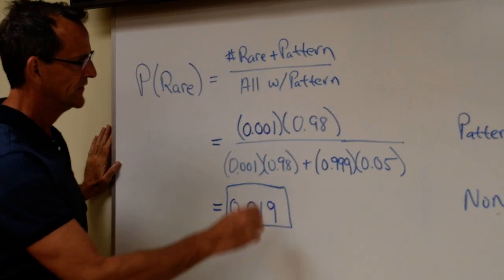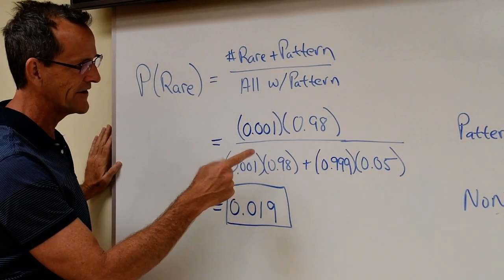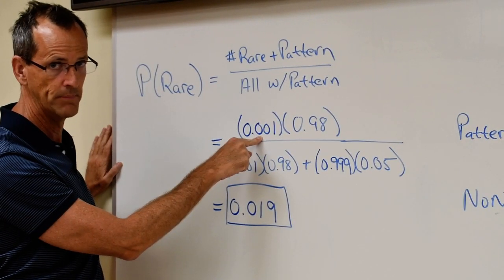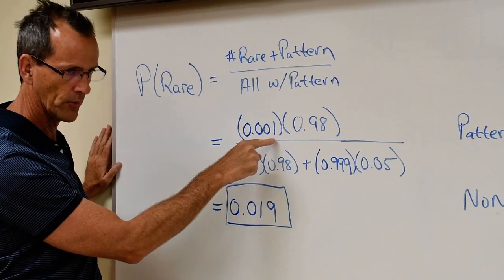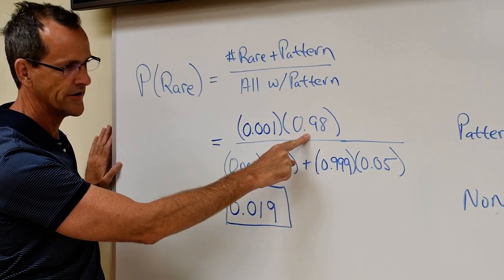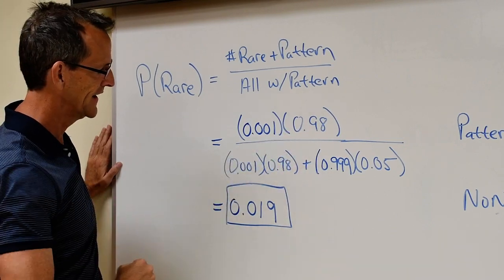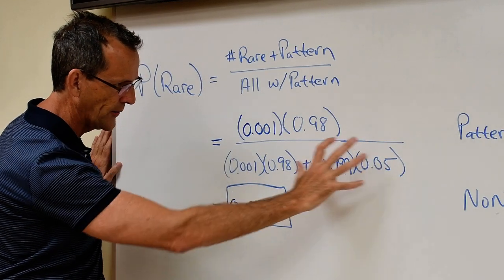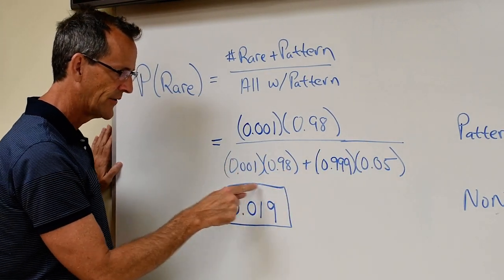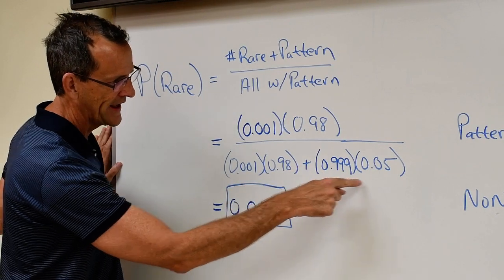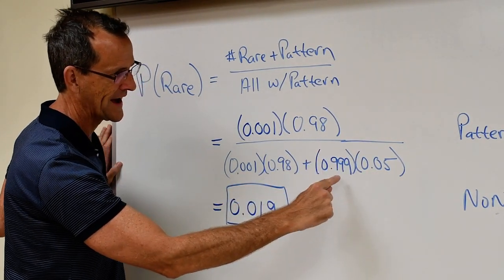For it to be rare with the pattern, two things have to be true. It has to be the rare beetle, which is 0.1%, and it's got to have the pattern, most of them do, so times 98%. Now we divide that by all the beetles with the pattern. Here we have the rare beetles with the pattern, and here we have the common beetles with the pattern.